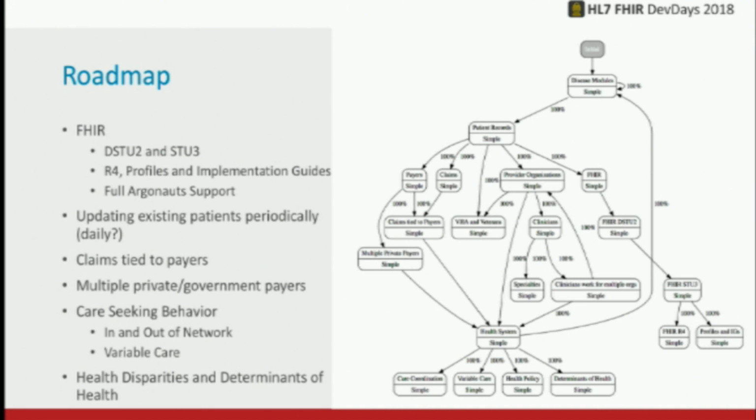I mentioned that a little in a couple of bullets. So if I have this insurance and it says this provider is in network, but this other provider is not, then the patient is probably, not always, but probably going to go to the people who are in network because their insurance will cover it. So that gets to care-seeking behavior. So how do people choose the care that they get? That's another area we want to look at.